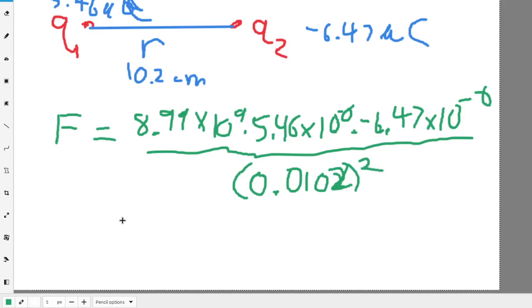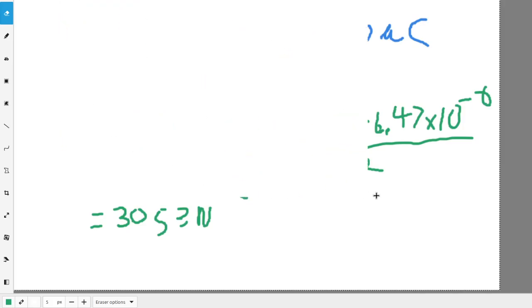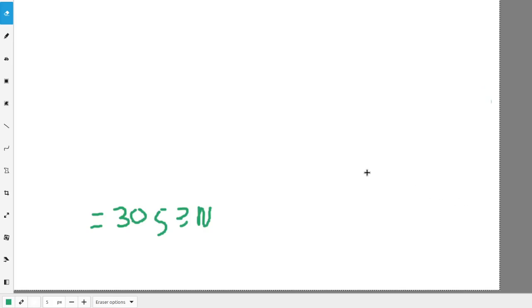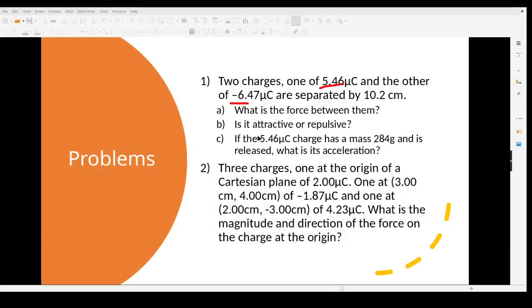Now when you put this in your calculator, you're going to get 30.53 newtons. 30.53 newtons. That's just four sig figs. We're using an extra one because we're going to continue to use this in calculation.